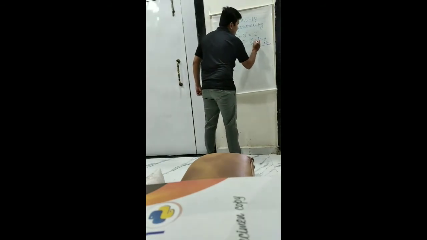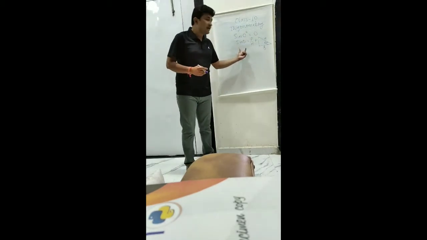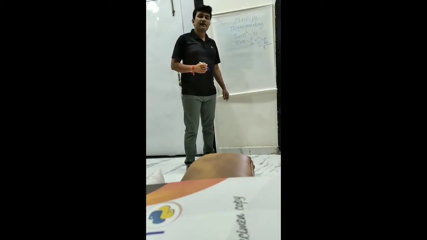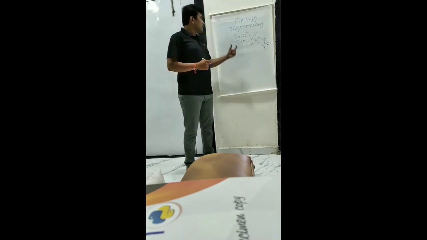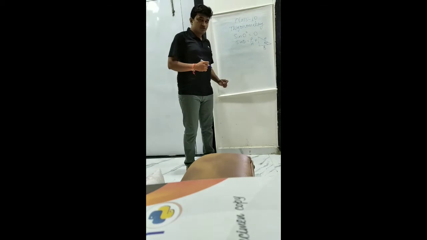So this is the theta angle. This is the hypotenuse, this one is perpendicular and this one is base. And sine theta is always perpendicular upon hypotenuse. Now I am going to show you how sine 0 degree is equal to 0.